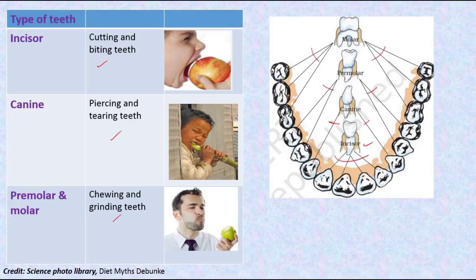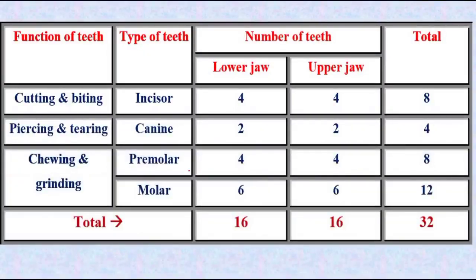Now let us see the number of teeth in the lower jaw and in the upper jaw in our mouth. In this table we can see there are 4 incisor teeth in the lower jaw, 4 in the upper jaw, total 8. The incisor teeth are used for cutting and biting. Canines, there are 2 in the lower jaw, 2 in the upper jaw, total 4. They are used for piercing and tearing.